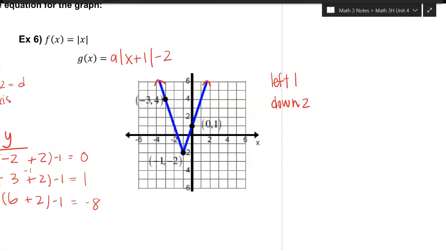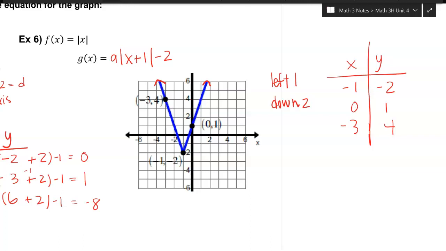All right, let's look at our points. So we have -1, -2. Then we have 0, 1, and then -3, 4. All right, so that -1, -2 is our origin.